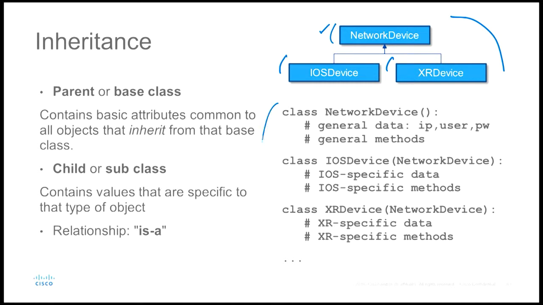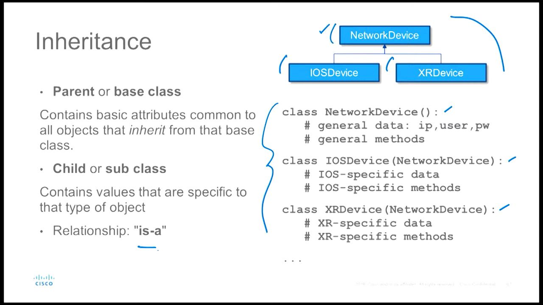As we look over here, you can see that we have defined the base class of network device, and then we define iOS device and XR device, which have iOS-specific data and methods and XR-specific data and methods. The idea of inheritance is that the relationship between the children and the parent class is an "is a" relationship. In other words, an iOS device is a network device.